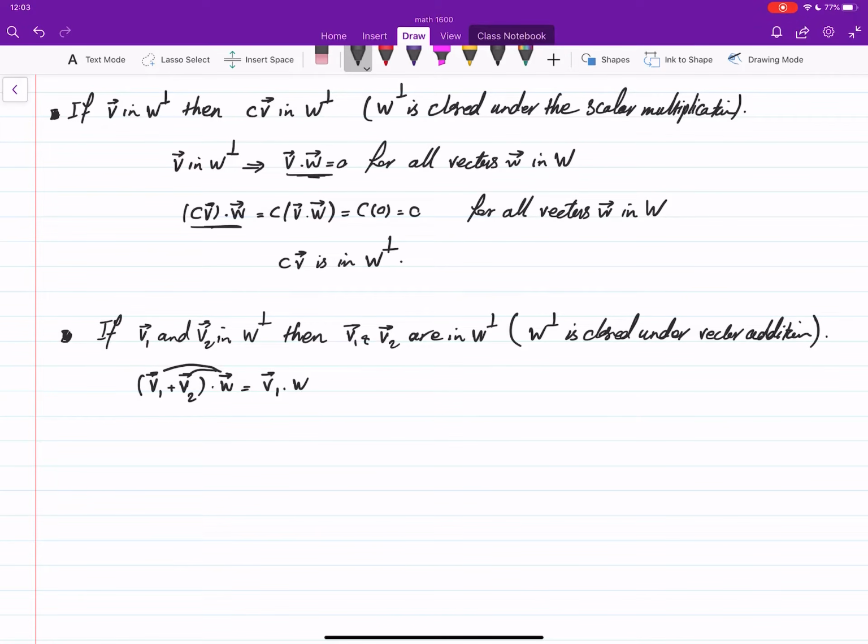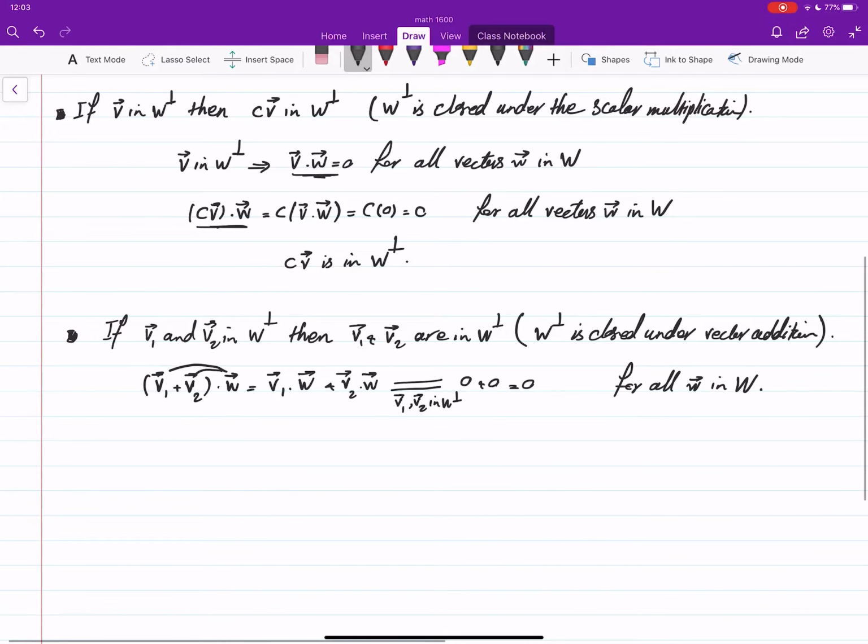So this is this, and since v1 and v2 are in W perp, this is going to be 0 plus 0, and 0. This will be true for all vectors in the subspace W. And that means right away that v1 plus v2 is in W perp.